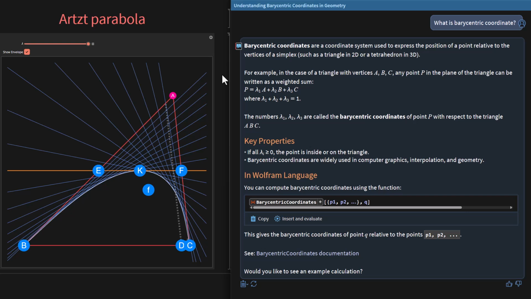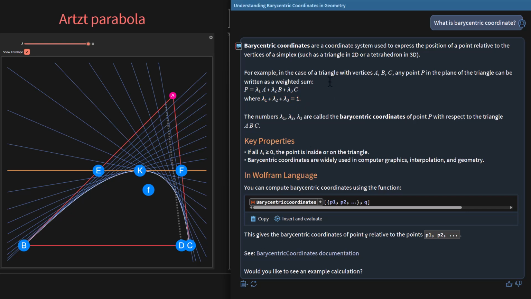points. What it usually requires is you convert any point inside a triangle, for example, K and F, as a weighted sum of A, B, C. A, B, C are the vertices, and lambda 1 plus lambda 2 plus lambda 3 equals 1.